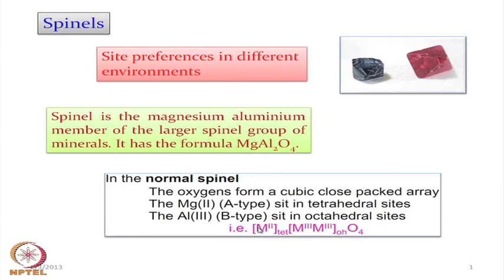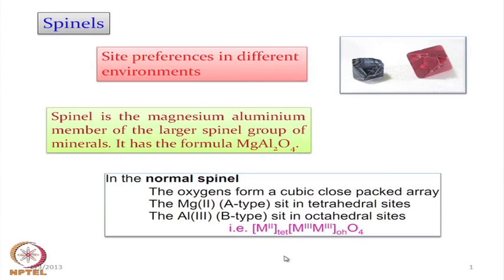So, we get the corresponding arrangement where we have the defined sites, that means the smaller bivalent cations will prefer only 4 ligands within the tetrahedral sites, but the trivalent metal ions such as aluminum, which have higher charge and small size, will be present in the octahedral sites, thus giving rise to a structure which we simply call normal spinel.